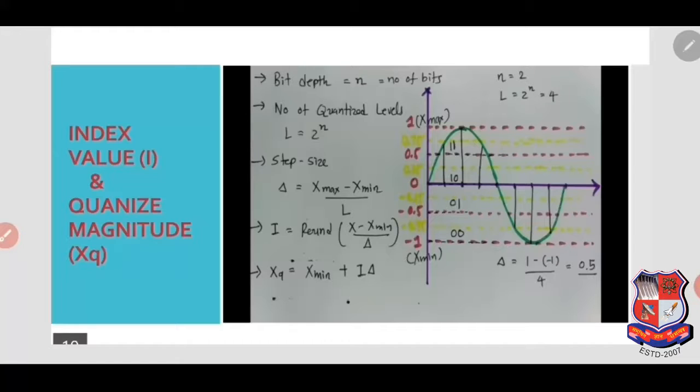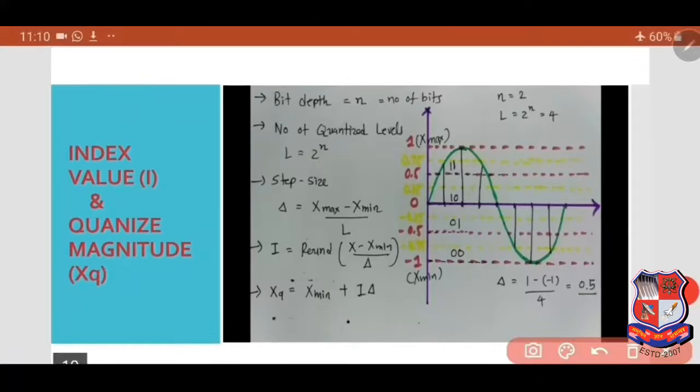Let's take one sample x which has the value of 0.707. How the value of x is taken, I will show you in this diagram. For the value of x, we take the first sample over here, which is nearby 0.707.